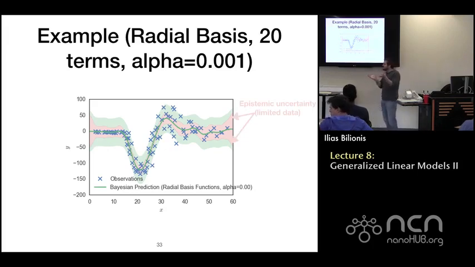It's our uncertainty because of the limited amount of data that we have. It's our uncertainty about the exact location of the green curve. Okay? But the green one is our total uncertainty. It's uncertainty about the location of the green curve and uncertainty because there is some kind of noise added to whatever we measure. So the red is the epistemic uncertainty, and the difference between the red and the green is pure aleatory uncertainty.